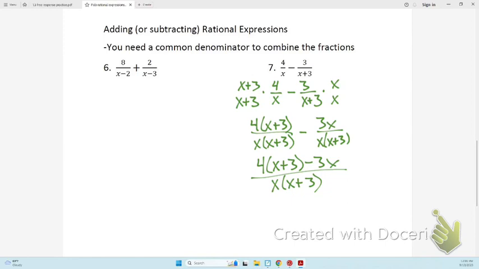And let's simplify up top, because we might be able to cancel out some factors. Always double check that. But it's not looking like we can. We get x plus 12 up there.